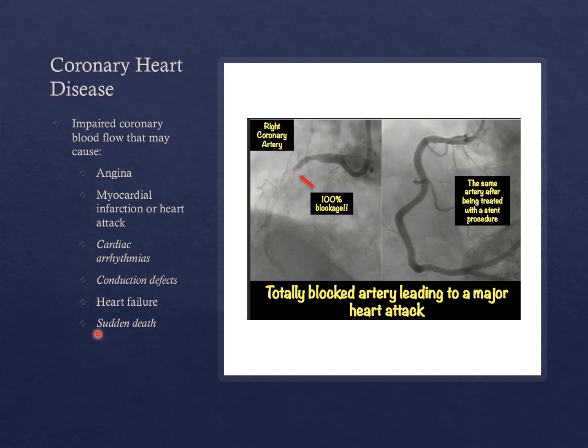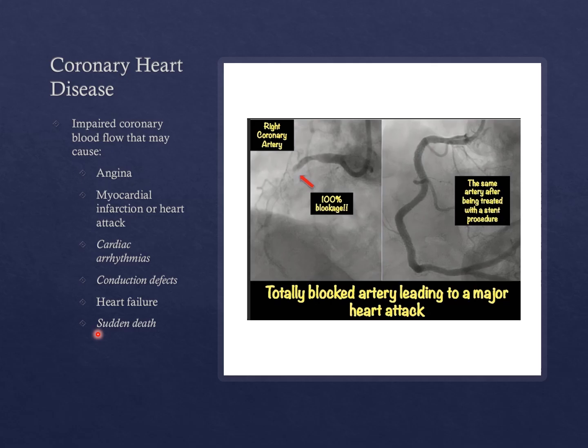This can lead to myocardial infarction or a heart attack. That long-term ischemia can cause heart muscle to die, and that is a myocardial infarction. It can cause cardiac arrhythmias or abnormal rhythms of the heart, which we'll talk about in another chapter. It can cause overall electrical conduction defects, again, that we'll talk about in another chapter.